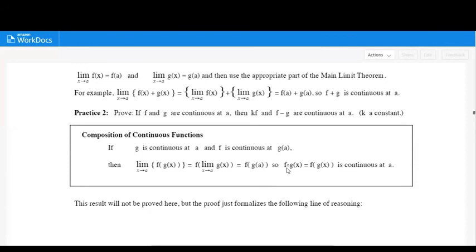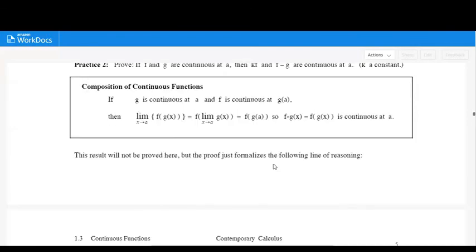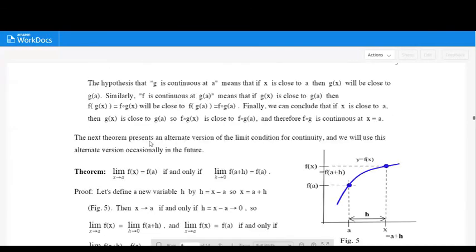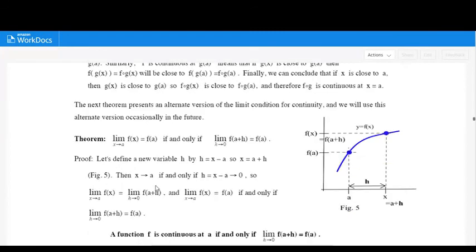So the composition f of g of x is continuous at a. Kumbaga, yung combination ng functions and then the composition of the limits of the function is also continuous. So may mga konting description dyan, and then we have this theorem.